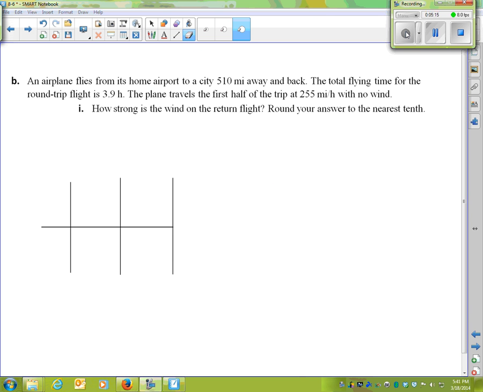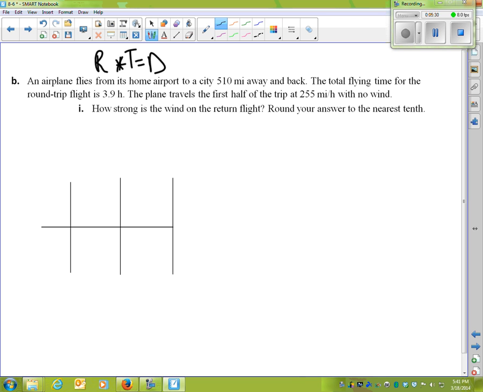Our second example is going to involve airplanes flying, sorry. This is our rate times time is equal to distance. We're going to use kind of the same format of our chart to help set things up. An airplane flies from its home airport to a city 510 miles away and back.